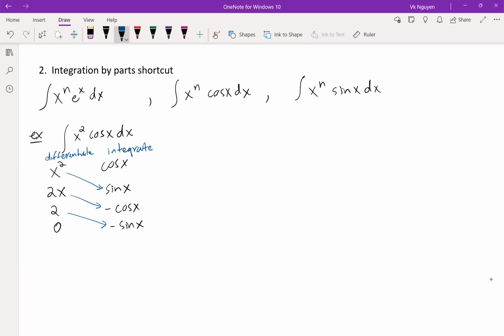The sign will alternate between plus and minus: plus, then minus, plus. Notice that this is the initial integral, and when we get to this part, this is the terminal integral.